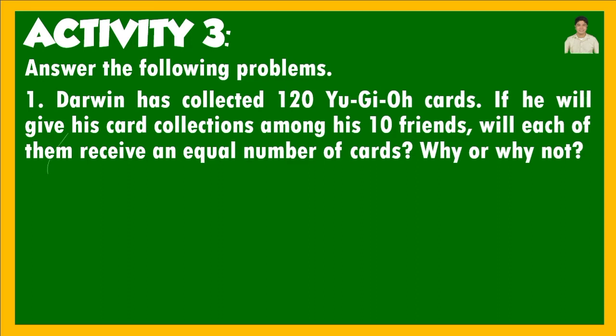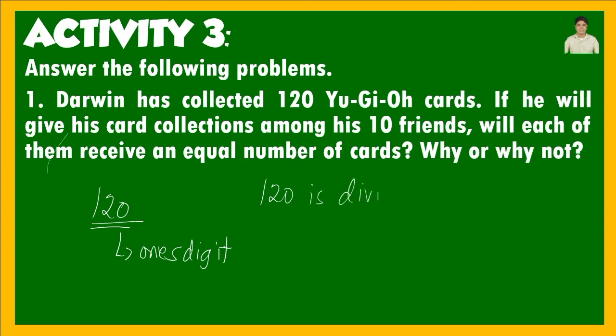So, ang tanong natin dito, yung 10 kaibigan niya ba is magbibigyan ng equal number ng cards? So, let us apply divisibility rule by 10. Okay. So, kung titignan natin yung 120, yung ones digit niya is 0. So, since ones digit niya is 0, therefore, it is divisible by 10. Pwede nating i-divide yung 120 sa 10 nang walang remainder.